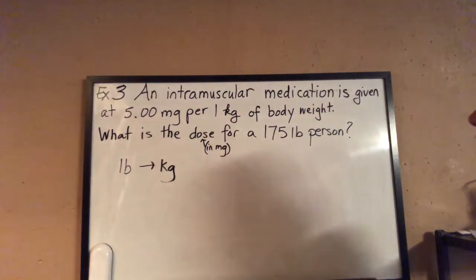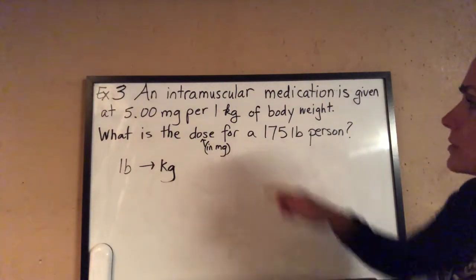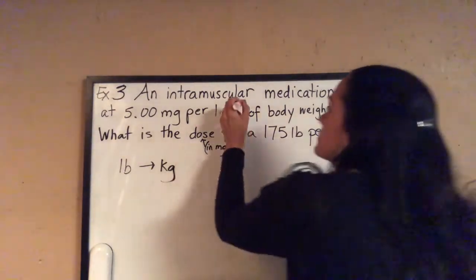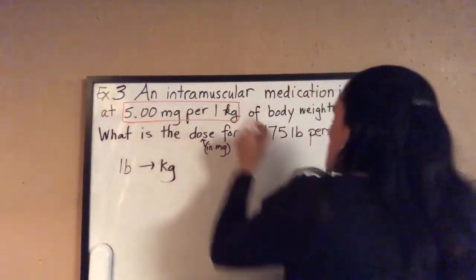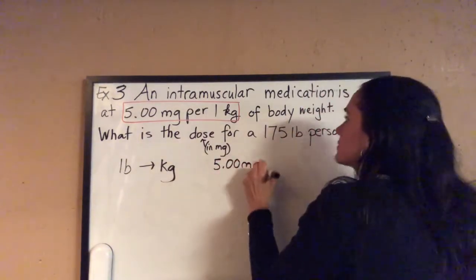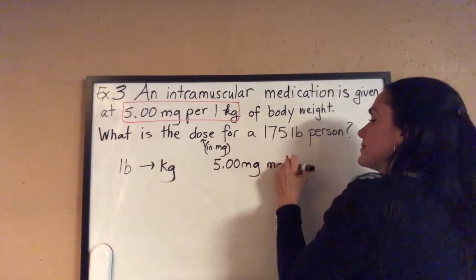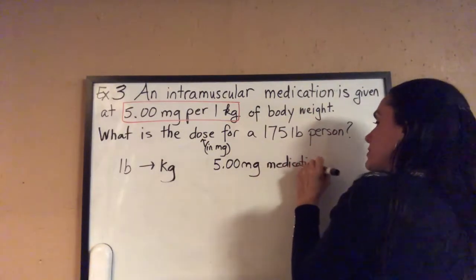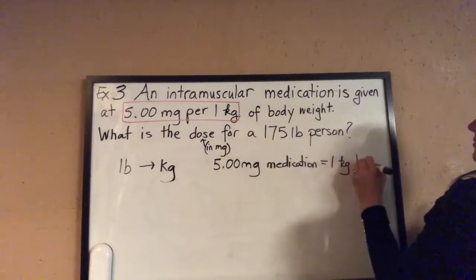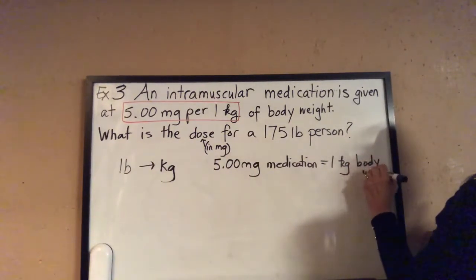Then how are we going to go from kilograms to milligrams? Well, we're given a conversion right in this problem: 5 milligrams medication per 1 kilogram body weight.